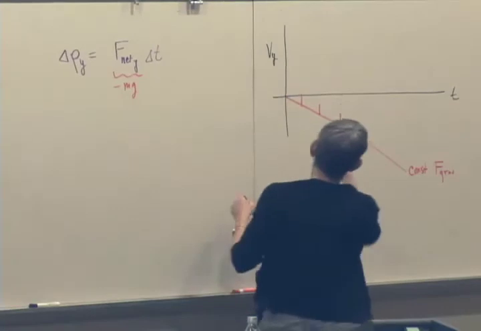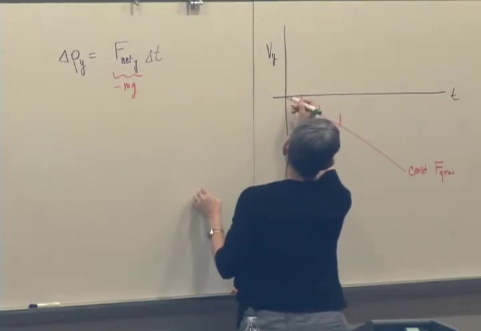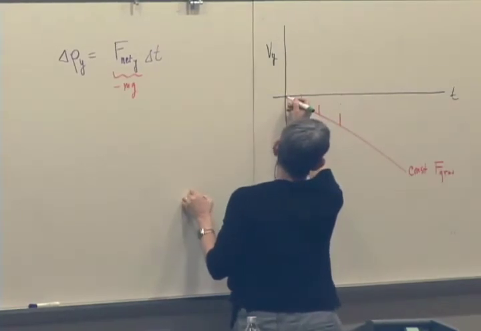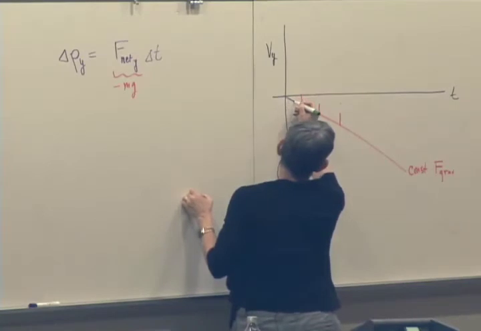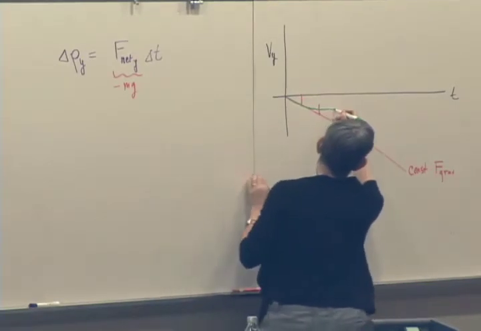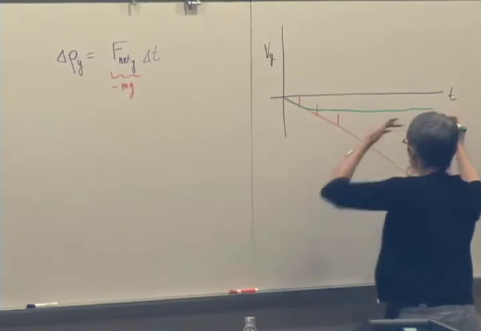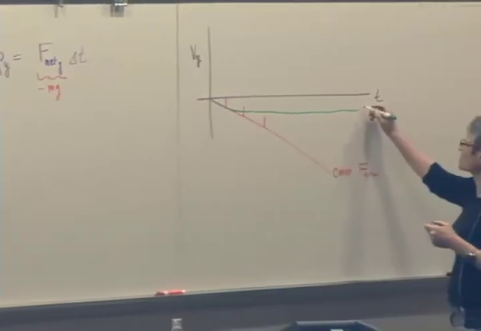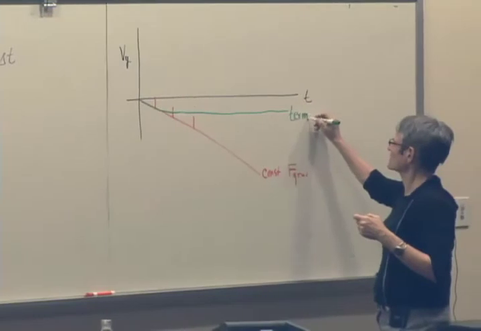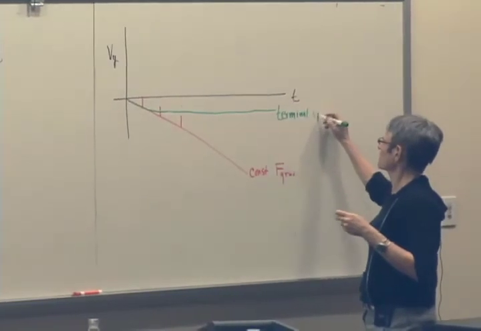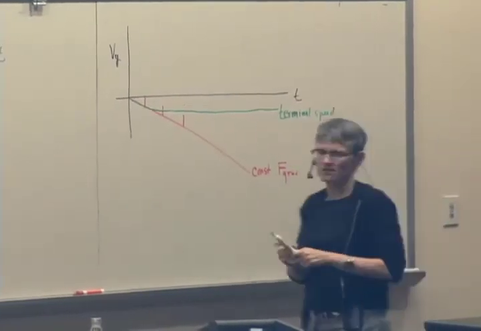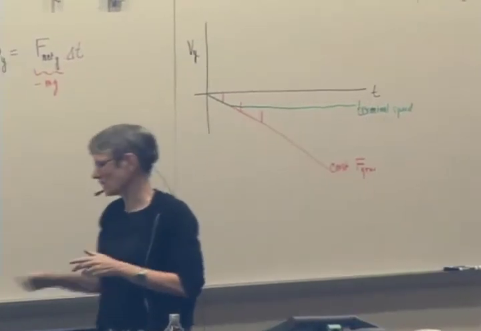So what we see is something like this: it starts to speed up for a while, but then it reaches a constant terminal speed, and it falls at constant speed, and that's not real fast.